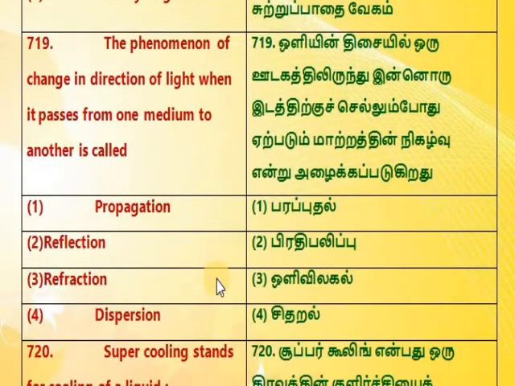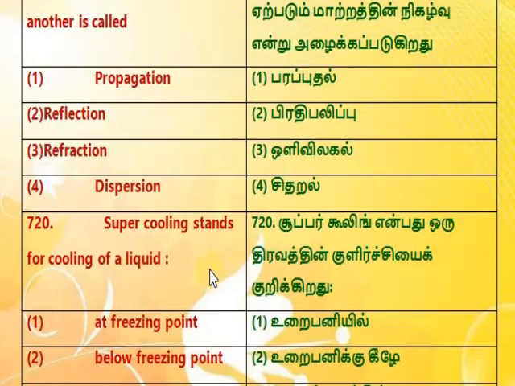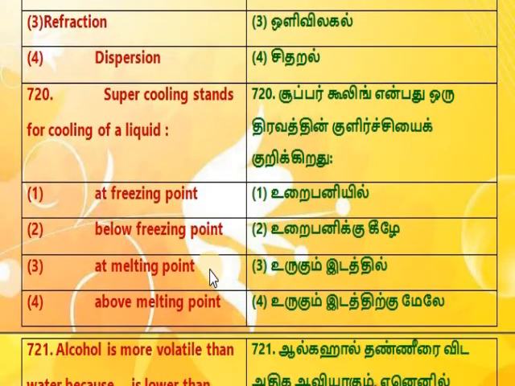719. The phenomenon of change in direction of light when it passes from one medium to another is called 1. Propagation. 2. Reflection. 3. Refraction. 4. Dispersion. 720. Supercooling stands for cooling of a liquid. 1. At freezing point. 2.